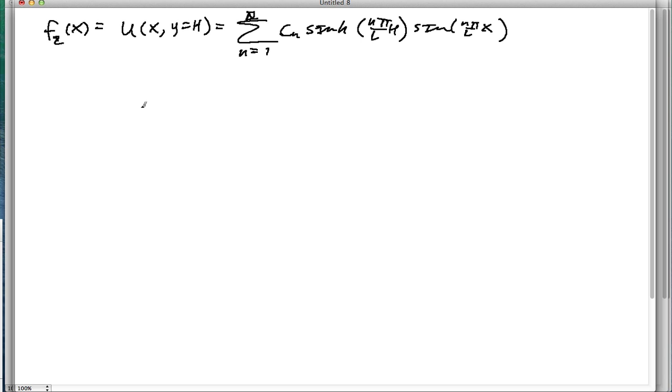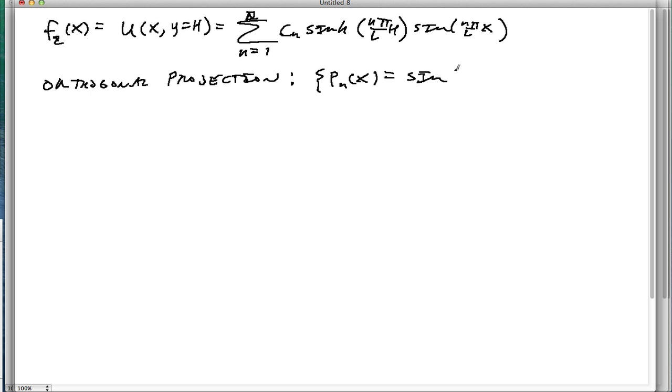And just like we've done before, we do an orthogonal projection. We want to find the Cn, so we want to do this orthogonal projection. So what we do is with our functions then, our Pn of x is equal to sine n pi over L of x, n equals 1 all the way to infinity.